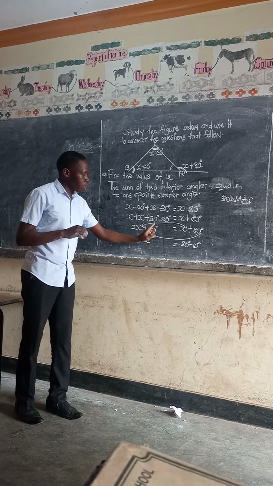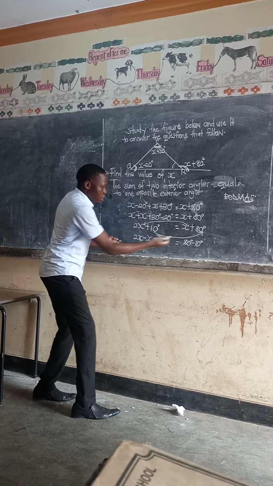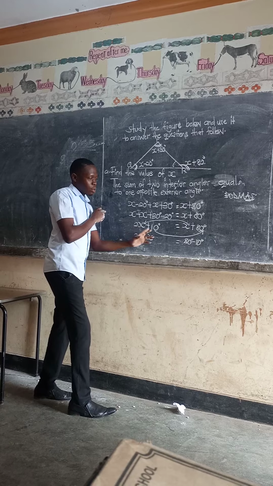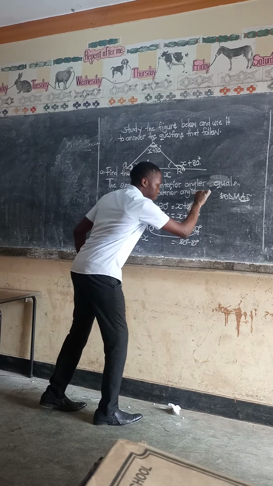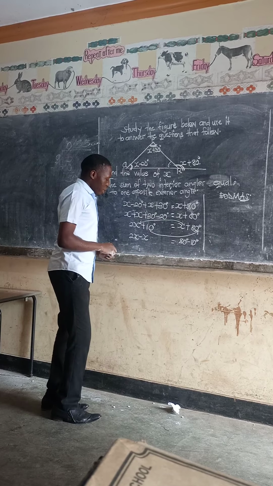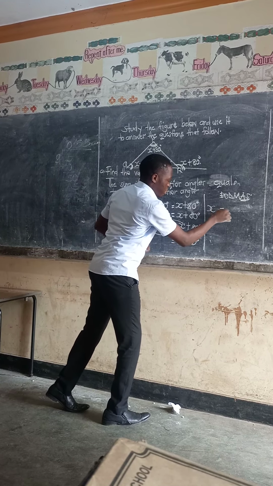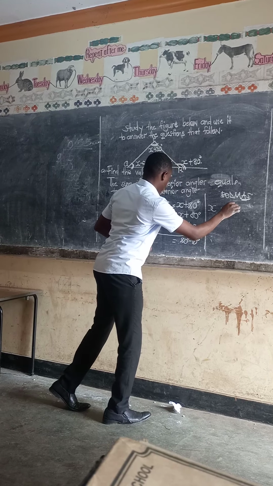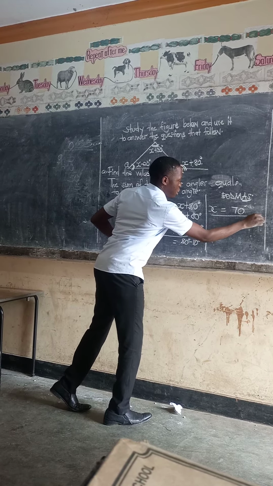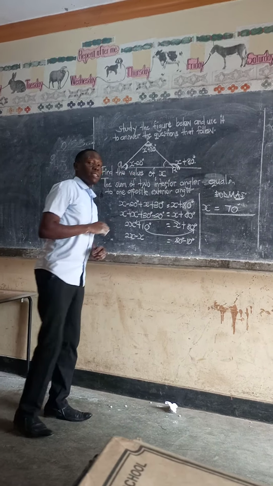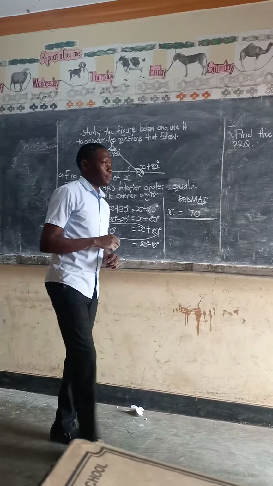If you are not going to show the arrows, then you must show how x is moving to the left and how 10 is going to the right hand side. Then what are we left with? 2x minus x will give us x. This is equal to 70 degrees, and we underline our answer. And that is the correct value of x. We have found the value of x.